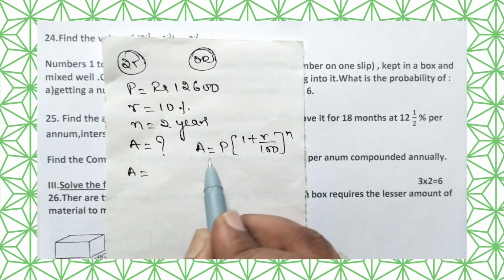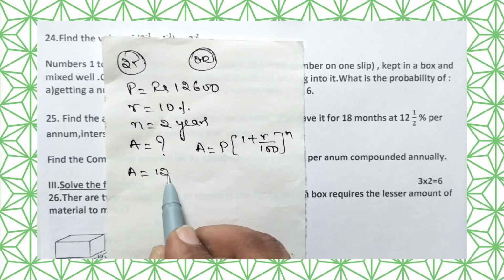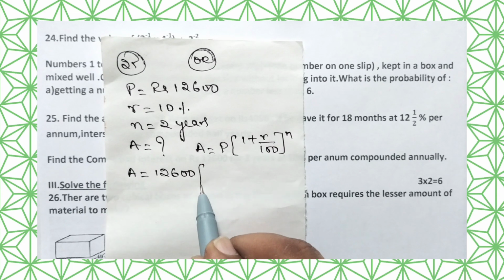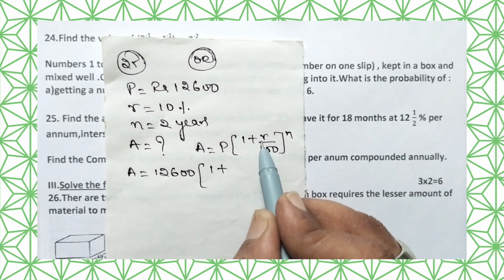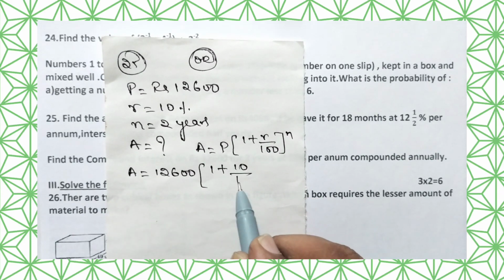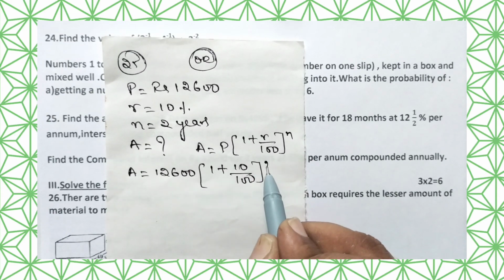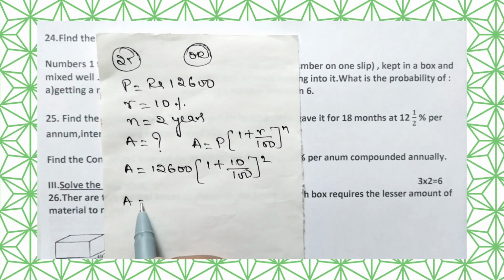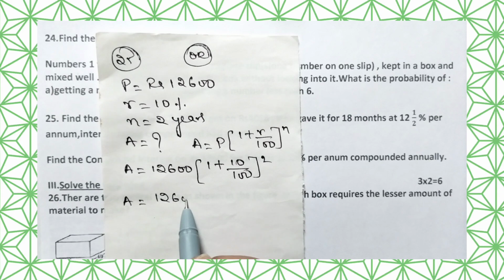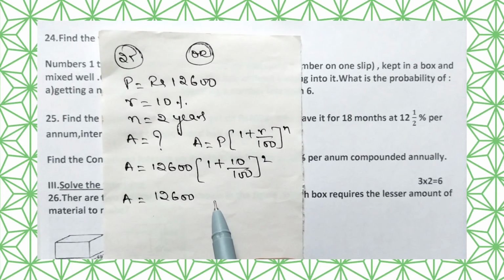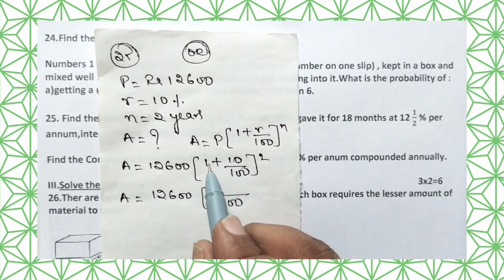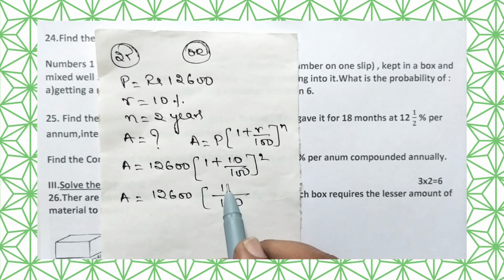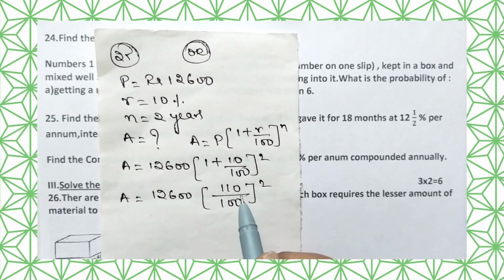So total amount is equal to, principal amount is 12,600 into 1 plus R. R is 10 divided by 100 whole to the power of 2. So total amount is equal to 12,600 into LCM is 100. If 100 is the LCM, 100 ones are 100, 100 plus 10 is 110 whole to the power of 2.